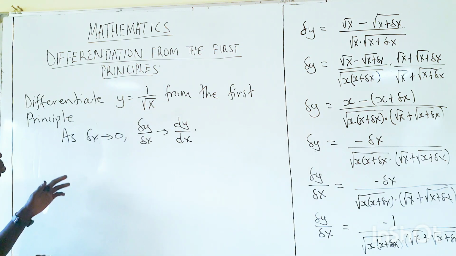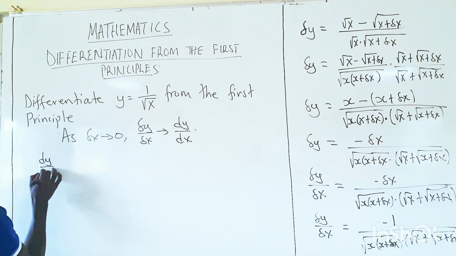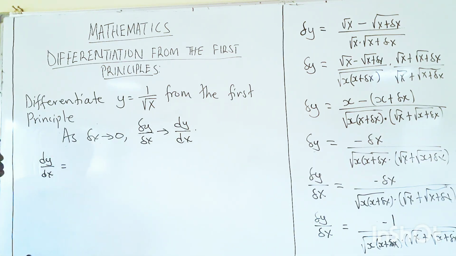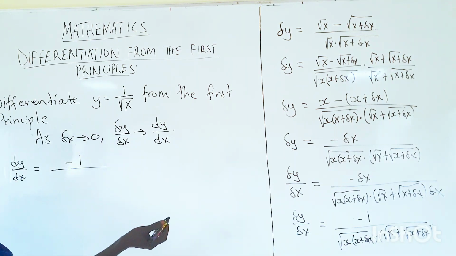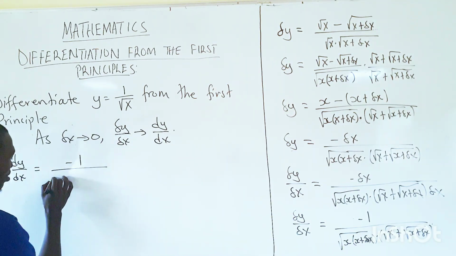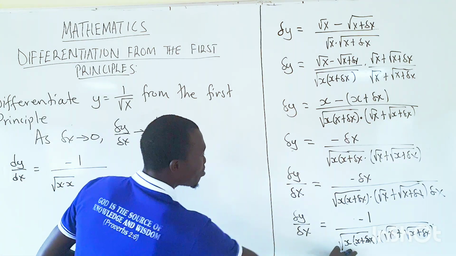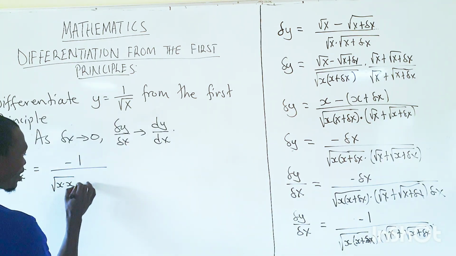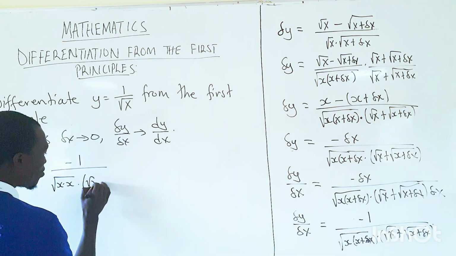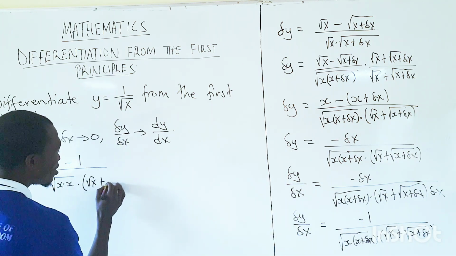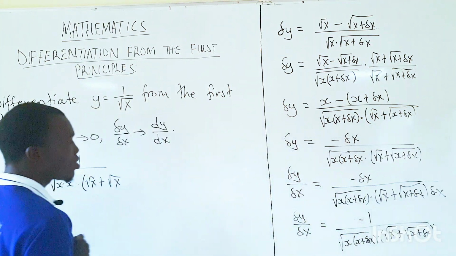So when you put the whole of this, dy dx is equals to negative 1 over, where there is delta x it will become 0. So we shall have 2x times 2x for this first part, then times in bracket the other one, root 2x plus root 2x, because this delta x will become 0.